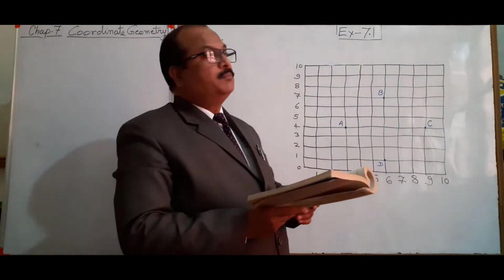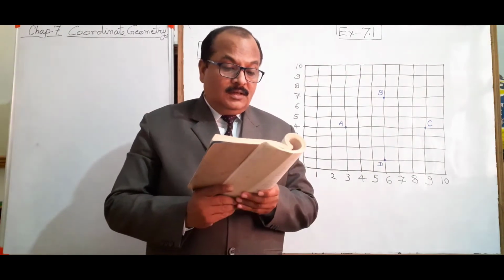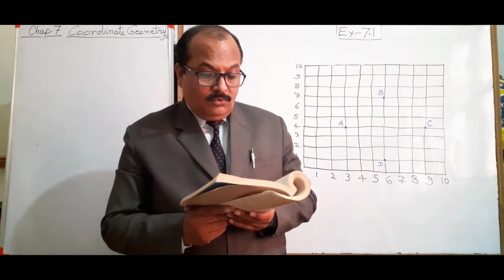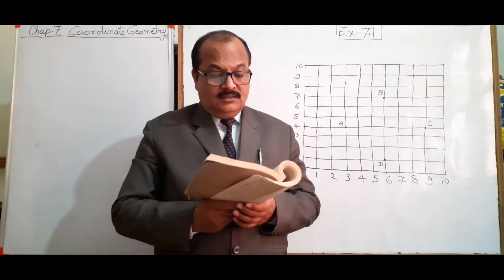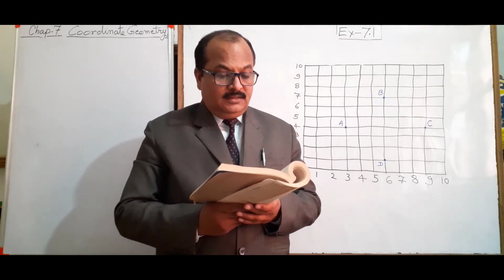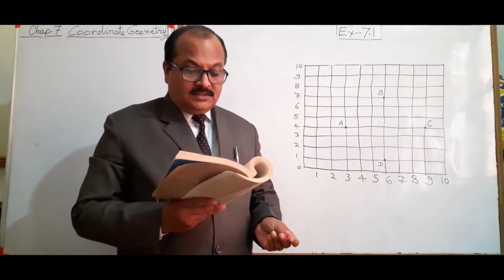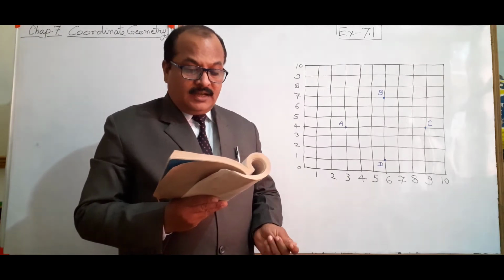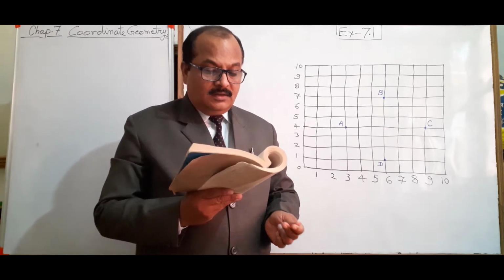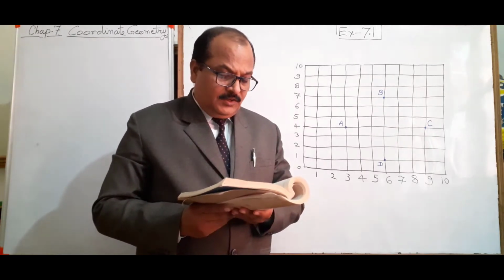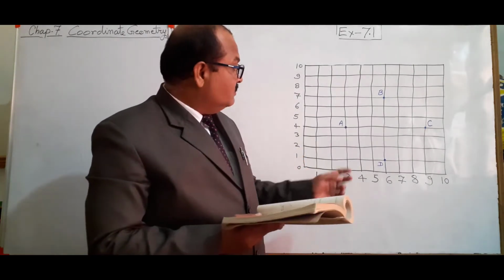Let us see question number 5. In a classroom, 4 friends are seated at the points A, B, C and D as shown in this figure. Champa and Chameli walk into the class, and after observing for a few minutes, Champa asked Chameli, "Don't you think ABCD is a square?"